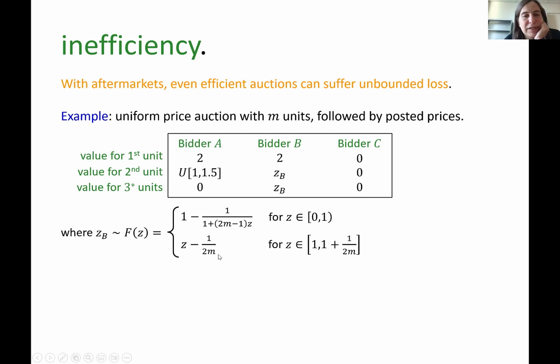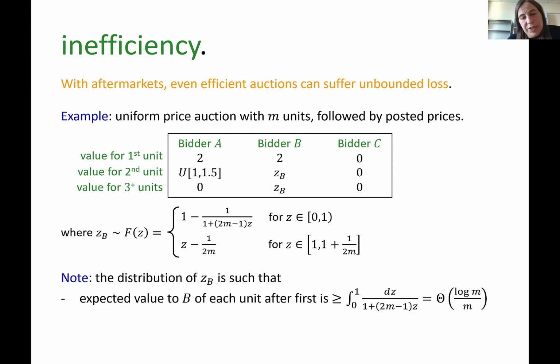So bidder B is either a low type, that is her value for additional units will be less than 1, with a distribution for these low types, or bidder B will be a high type, in which case her value for additional units is between 1 and 1 plus 1 over 2m, and the distribution for that is controlled by the second part of the CDF here.